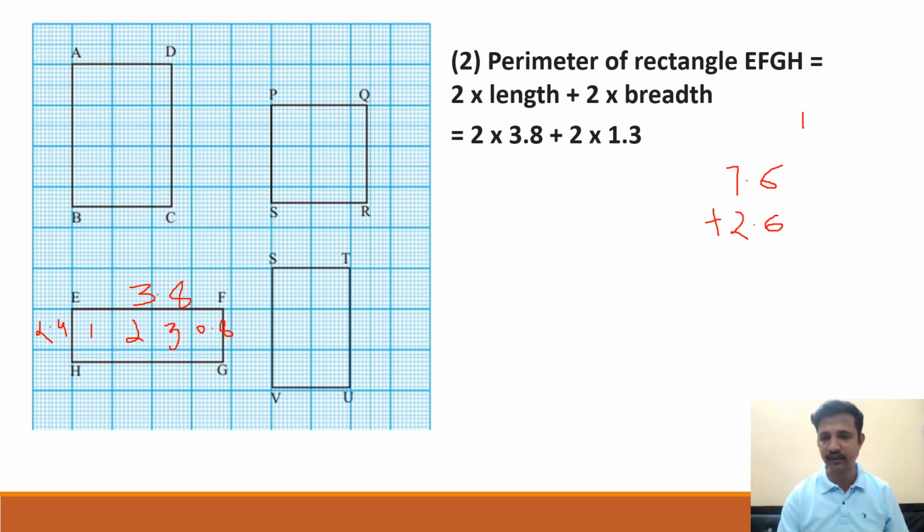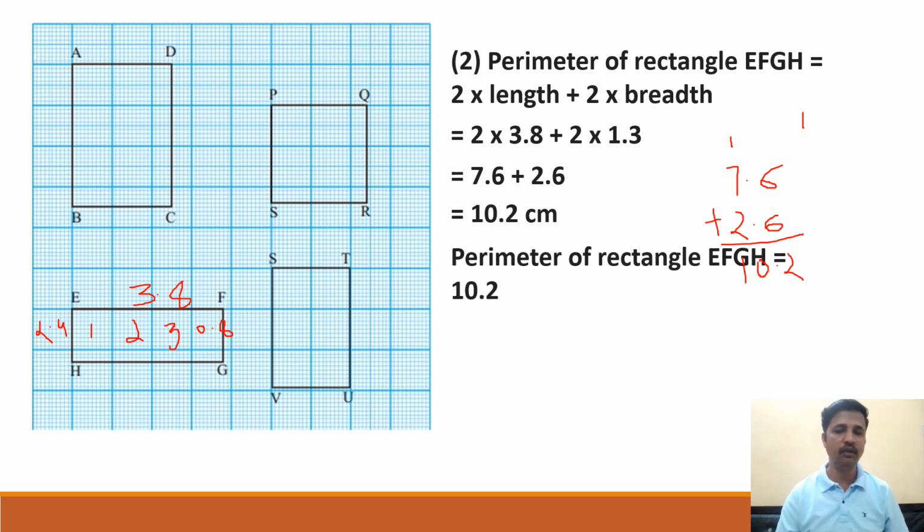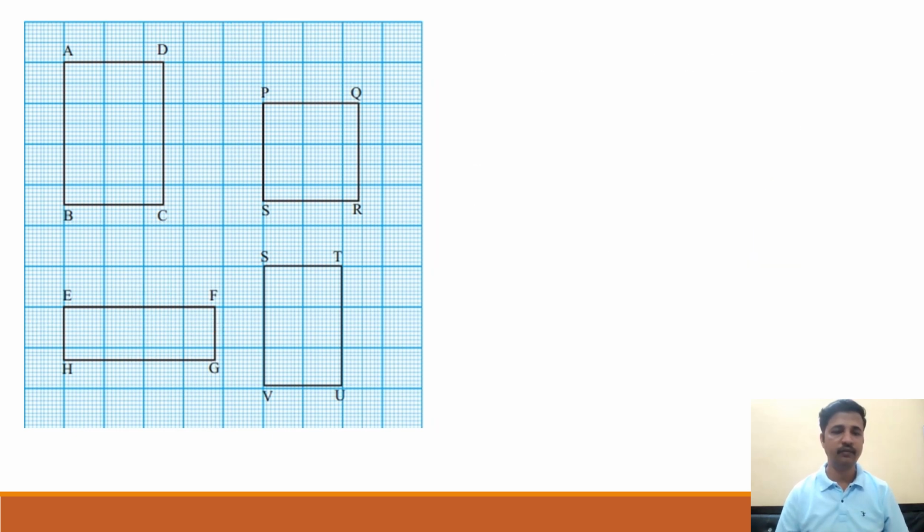Place the decimal point. 6 plus 6 is 12, so 1 carry. 7 plus 2 is 9, 9 plus 1 is 10. 10.2. Okay, our answer is 10.2. 7.6 plus 2.6 equals 10.2 centimeter. Third करो चला लवकर फटाफट. Perimeter of rectangle EFGH is equal to 10.2 centimeter. Okay, third करा.